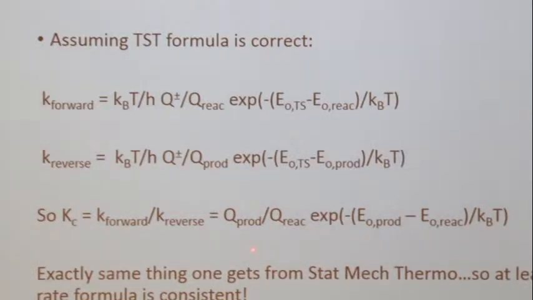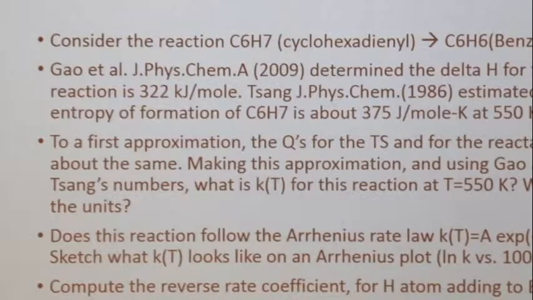Well, all the transition state properties cancel out, and I end up with a ratio of the Qs of the products to the reactants and the energy difference of the products to the reactants. And this is exactly what you calculate from the StatMech, from the delta G of the reaction. So this looks good. So at least we're consistent. Even if we're not exactly accurate, at least we're consistent.